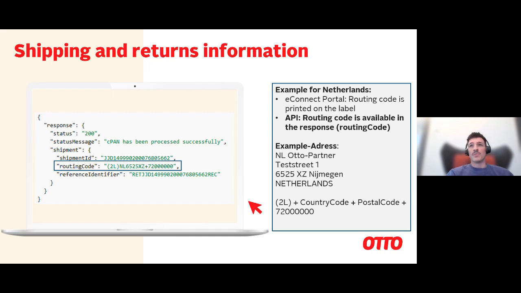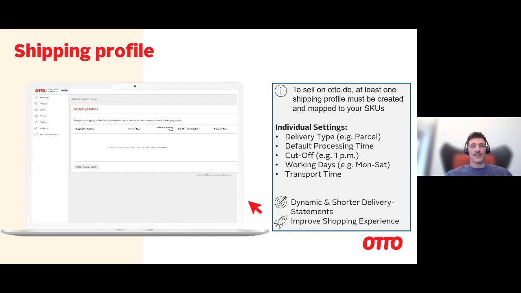So just be sure, or talk to your service provider, or maybe just go for a quick ticket to OTTO Market support, and we will help you figure out if it's possible for you. That's just a short side quest, but it's also noted at the top of the returns information. And that's all according to the shipping information.